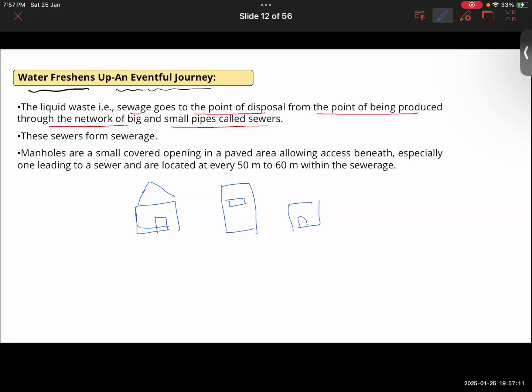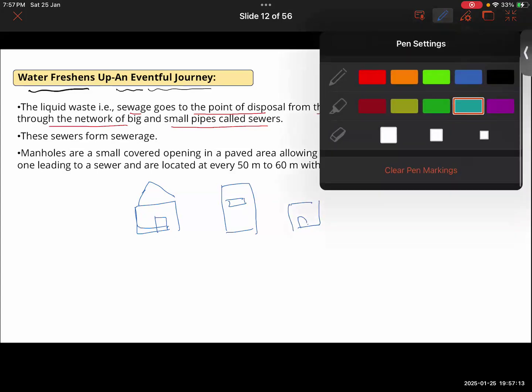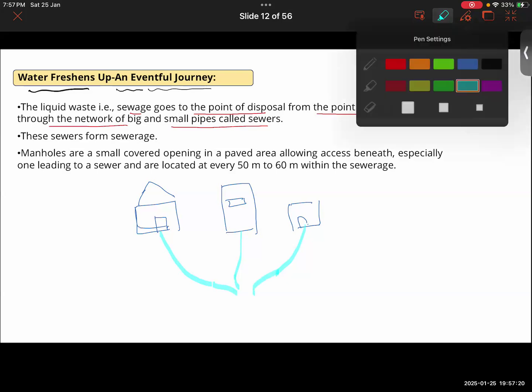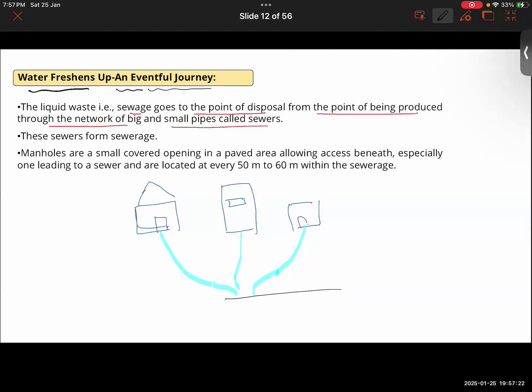So from all those different places, as I said, the sewage is being collected, and all the sewage goes into the pipes. These pipes here, we call these sewers.